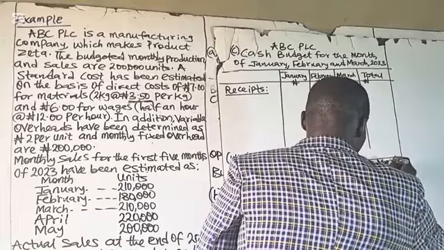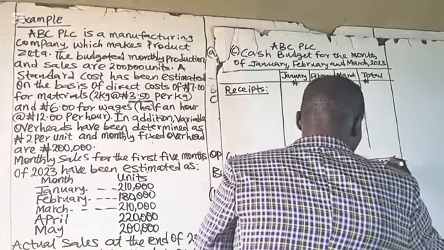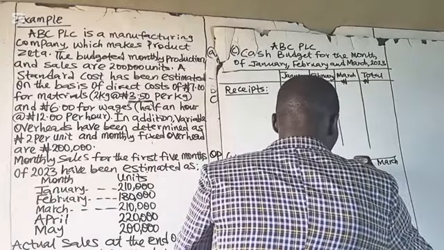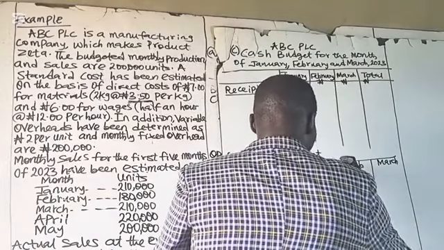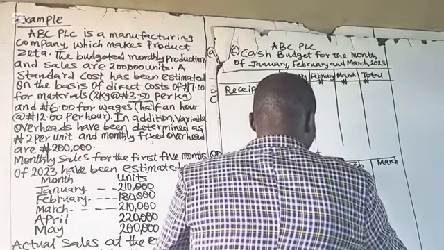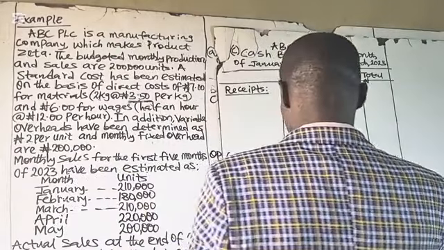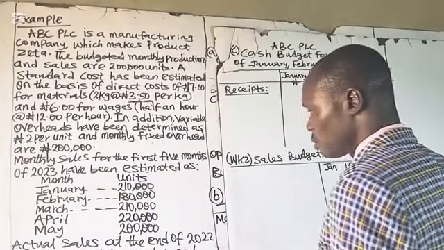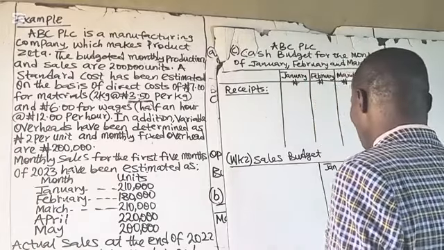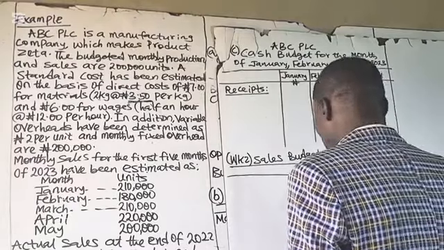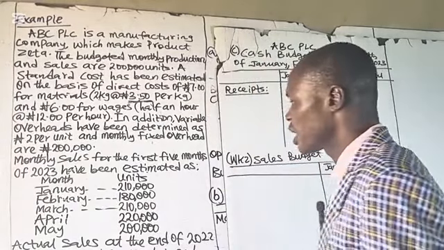We have March, February, January. We can include the previous month, because we are going to analyze the sales on the basis of that time lag.